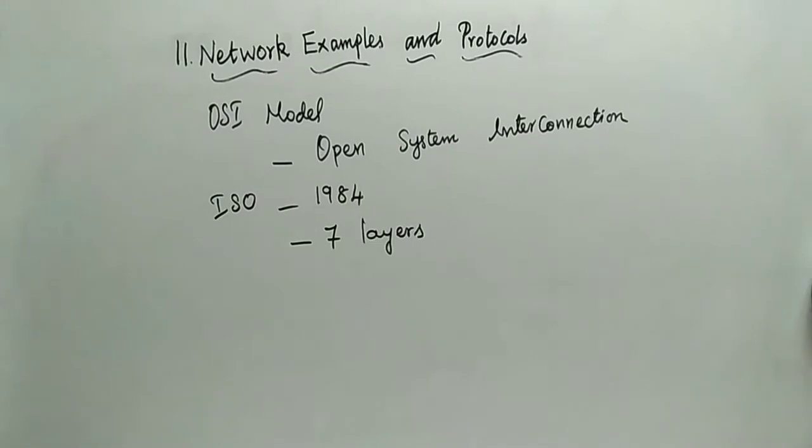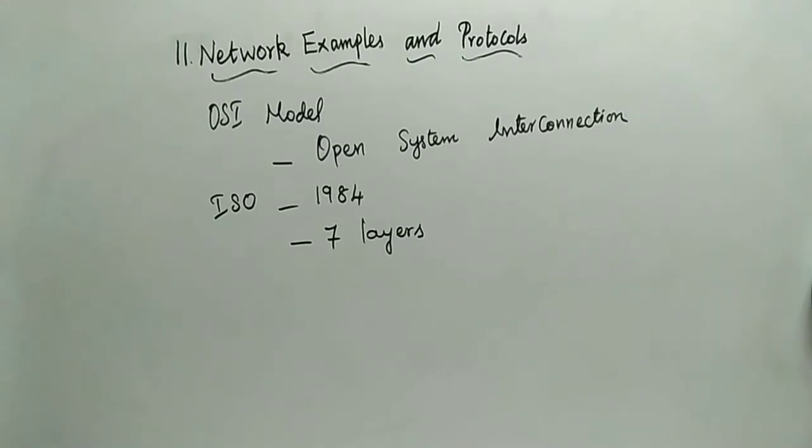These 7 layers work together to transmit the data from one person to another across the globe. Together for what purpose? To transmit the data from one end to the other end.